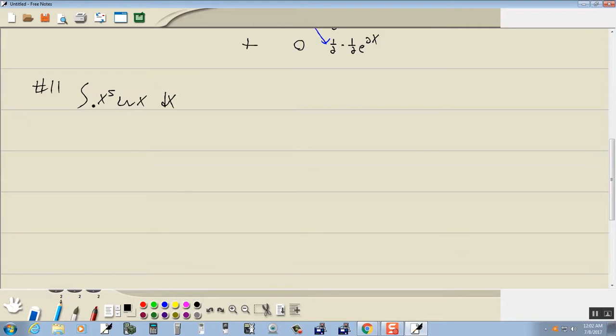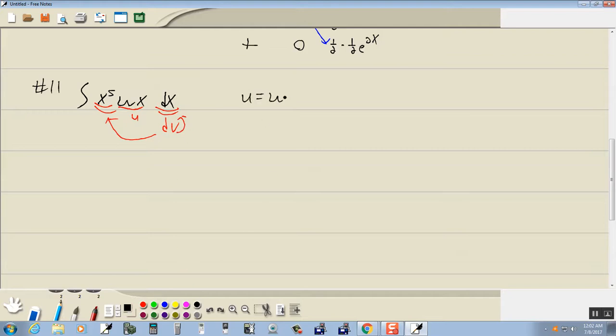If I said this was u, and this was dv, then it wouldn't go anywhere, because it would have the integral of natural log of x dx. But if I said this was u, and then this right here was my dv, well, let's see how that works out.